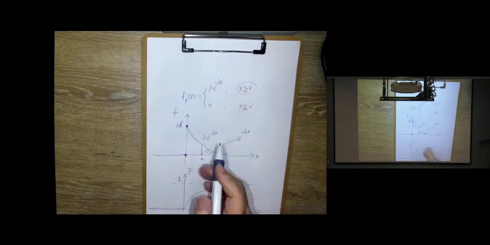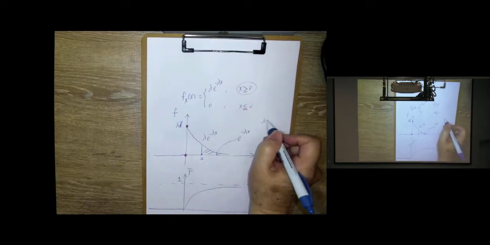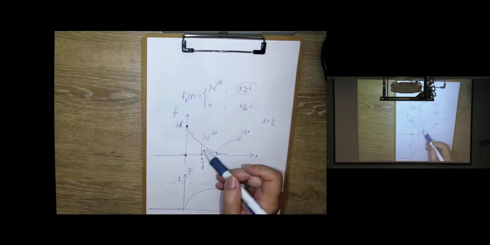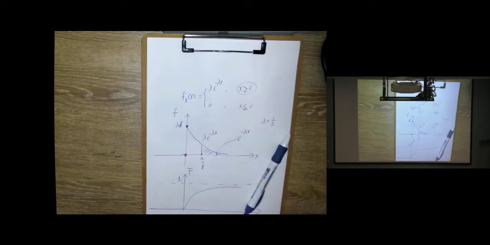In the problem, lambda is 1 over 5, and x is equal to 8 here. So they were asking about this thing. Am I answering what you're asking?